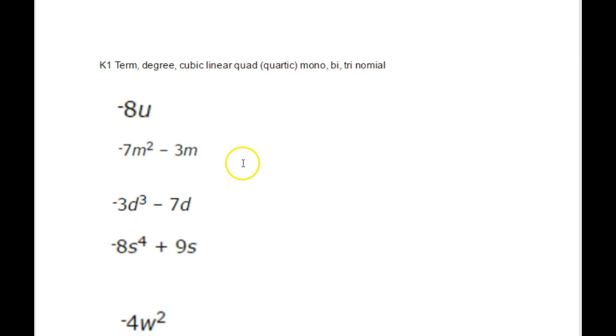Okay? Finally, when we talk about the degree, another way we can talk about the degree of a polynomial is kind of a nickname. Cubic, linear, and quadratic. Okay, linear you're familiar with, right? Linear means it can be written as y equals mx plus b, like a line. Okay, so when you have a linear equation, you have a variable with an exponent of 1 or no exponent, multiplied times a number, and maybe that number is 1.